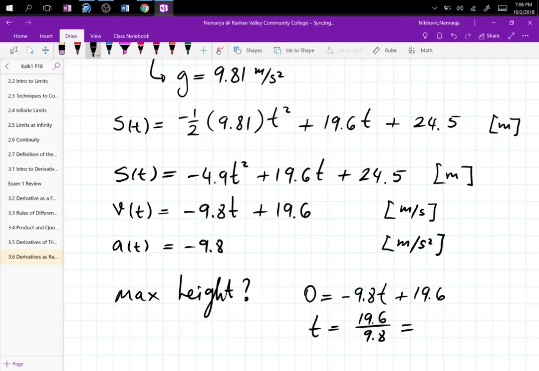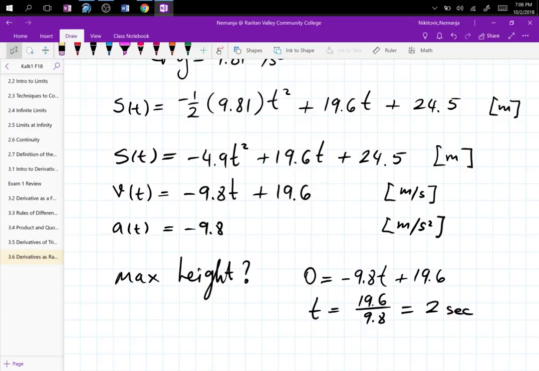We are going to use 2 decimals in this answer because 1 decimal was given to us in a problem. So we just go an extra decimal. 19.6 divided by 9.8 is 2. I'm not thinking at all. 2 seconds.